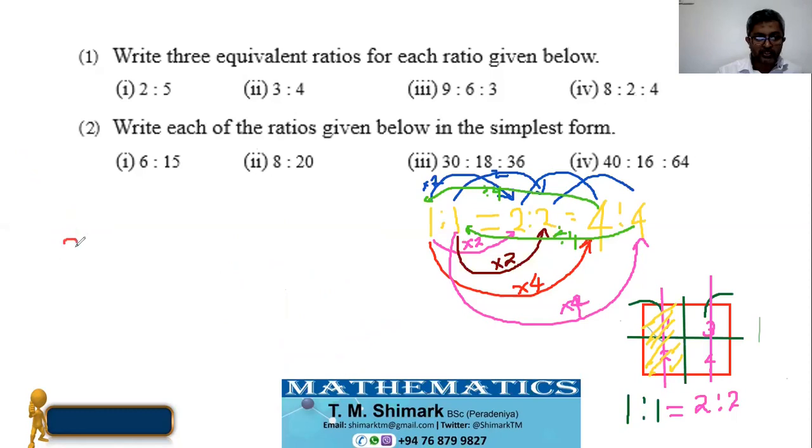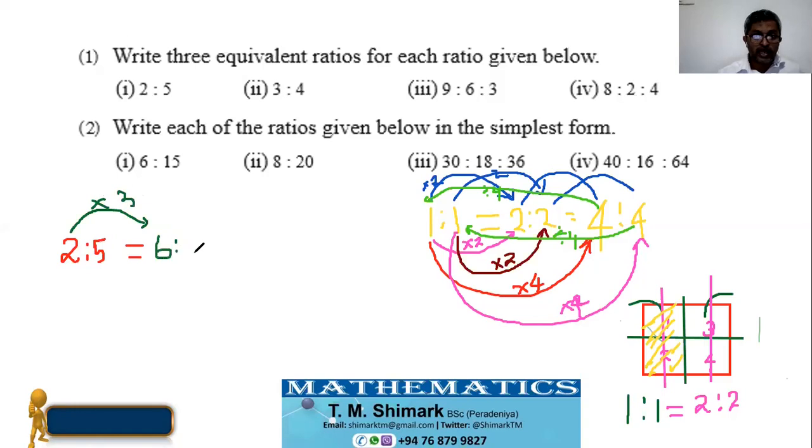They are asking, for example, 2 is to 5. They are asking you to give equivalent ratios. You can take any number and multiply, and it will be correct. I am just taking a number. I like 3, so I am multiplying this by 3. 3 into 2 is 6.